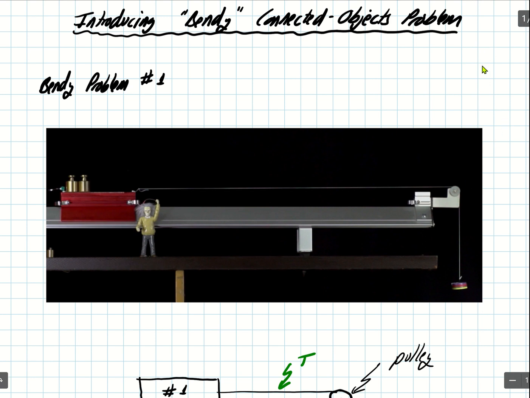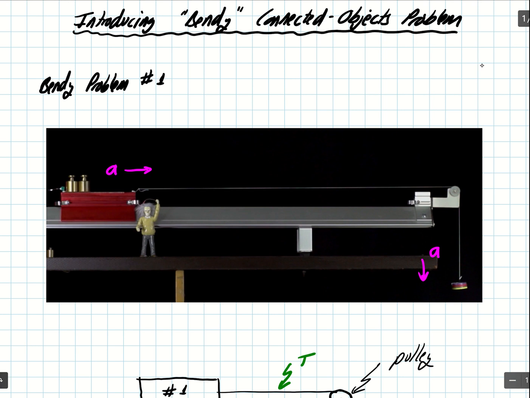Some key things to point out, and this was true of our previous connected object problems: the acceleration of object 1 and the acceleration of object 2 are going to be in different directions, but the same magnitude. So the size of the acceleration is going to be the same.